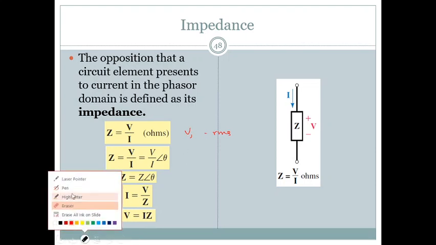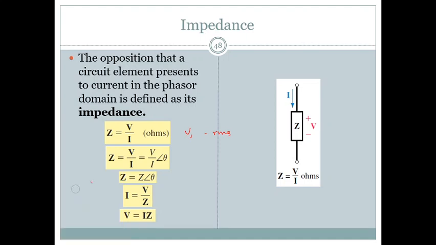They are not the time varying parameters. And Z is also in the complex domain. So these are RMS values that you take here.